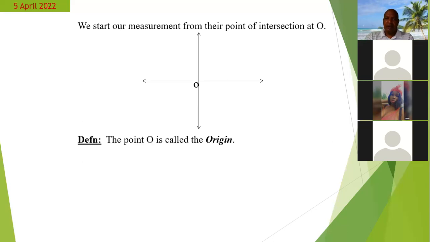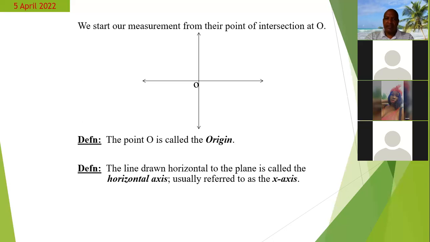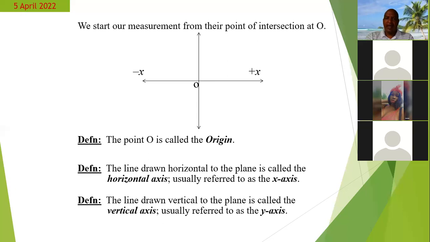All right, so the point O is called the origin. The line drawn horizontal to the plane is called the horizontal axis, usually referred to as the x-axis. Now, the line drawn vertically to the plane is called the vertical axis, usually referred to as the y-axis. All right.